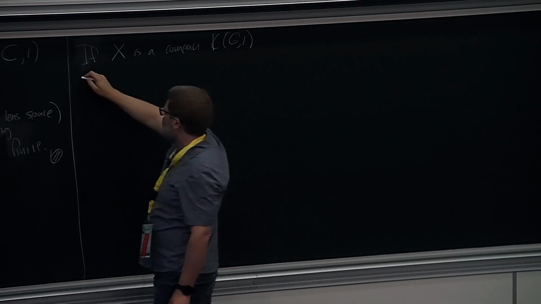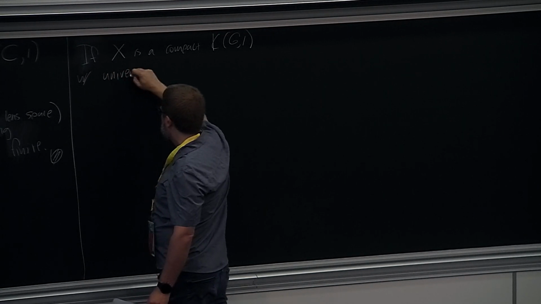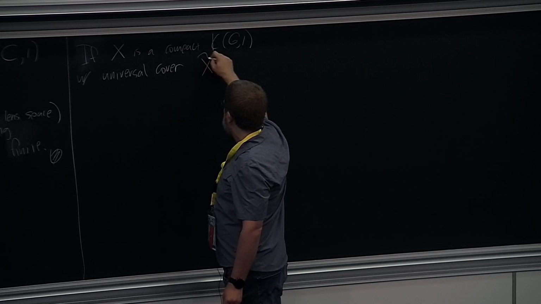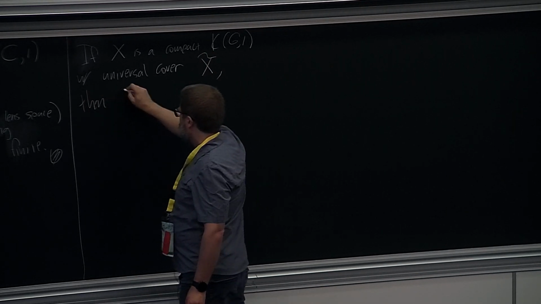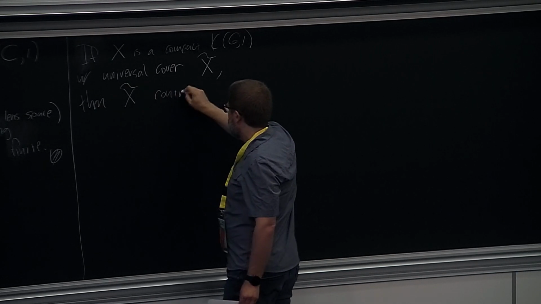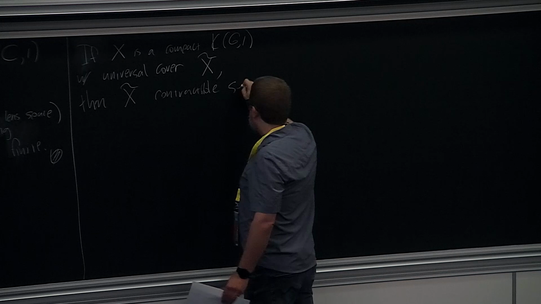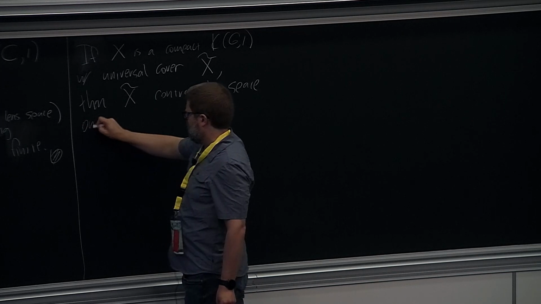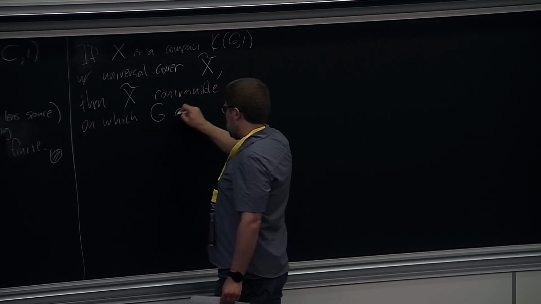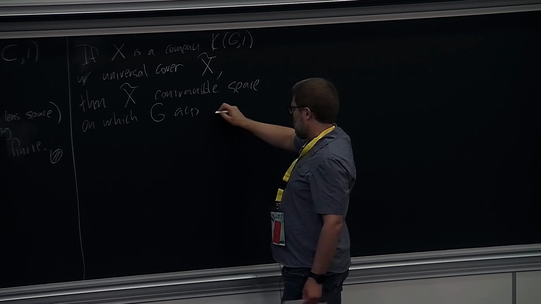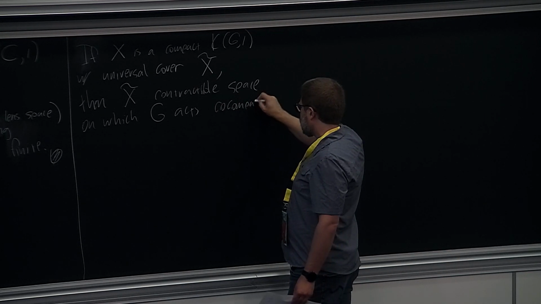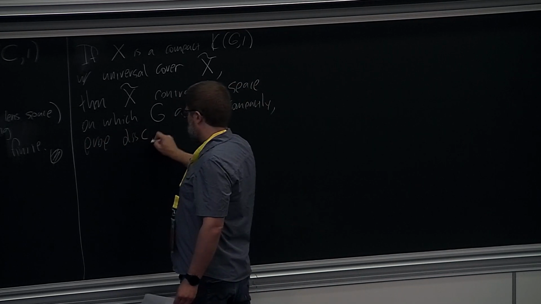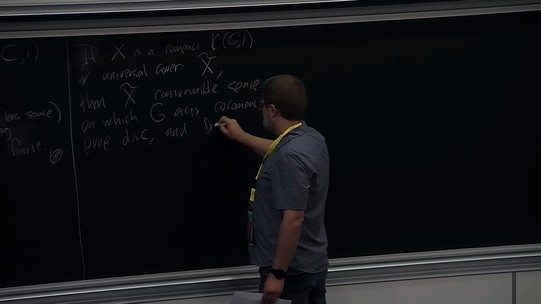with universal cover X tilde, then X tilde is a contractible space, where space here means CW complex, on which G acts properly discontinuously, co-compactly, and freely.